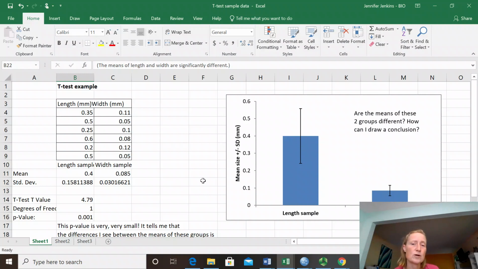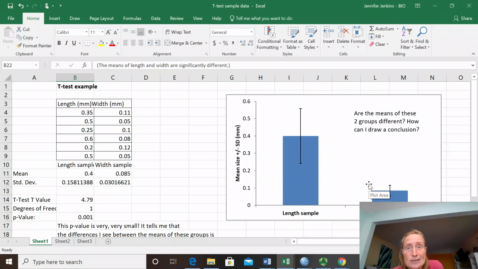When we are really analyzing our data, it helps us to use inferential statistics to help us draw conclusions about our data, to give us more confidence in the conclusions that we're drawing. So if I ask the question, are the means of these two groups different? I probably shouldn't answer that question unless I've done some sort of statistical test to help me draw that conclusion.